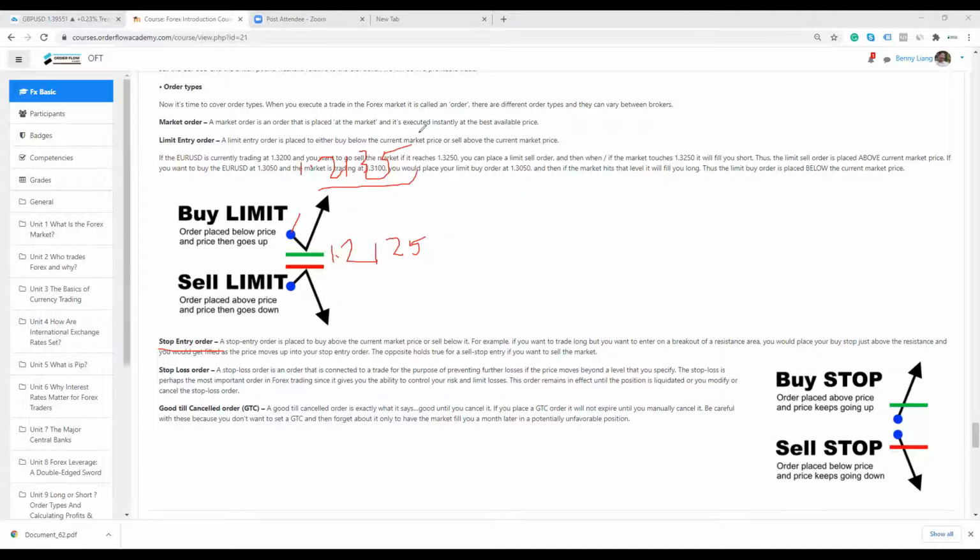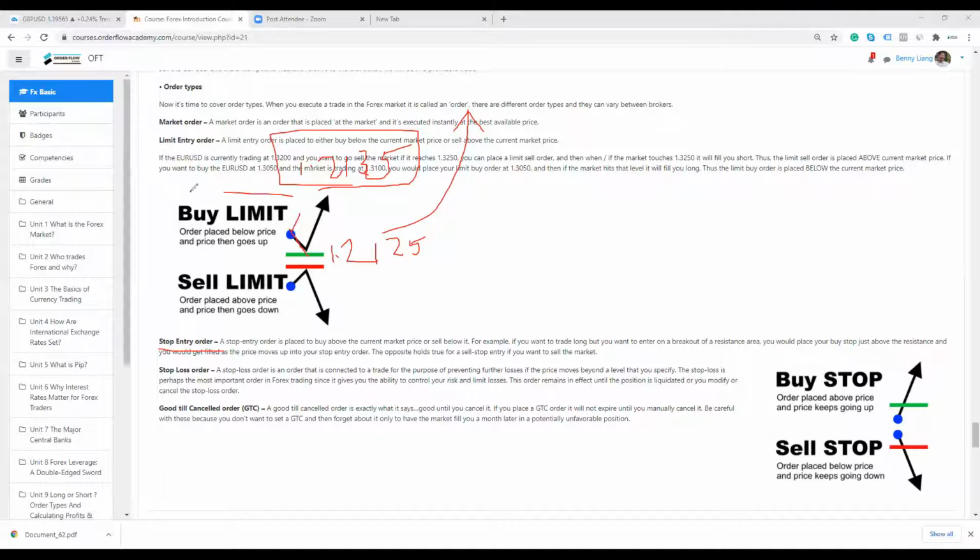The current price is trading at 1.2135, and you expect the future price to go higher and you want to buy, but you are not willing to buy at 1.2135. You want to buy lower, so you put in a buy limit at 1.2125. In other words, if the price does not come down to 1.2125, your order will not get filled.